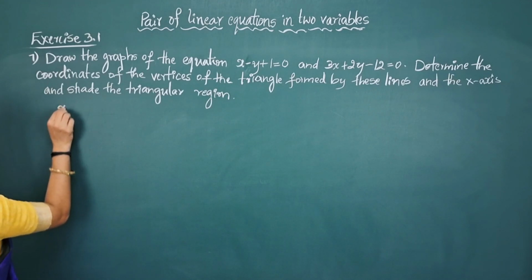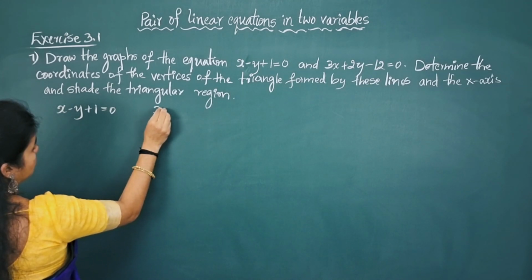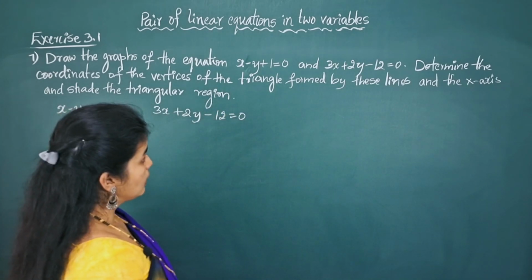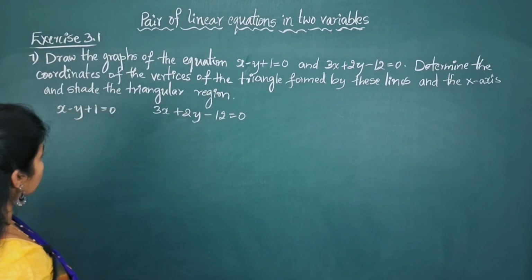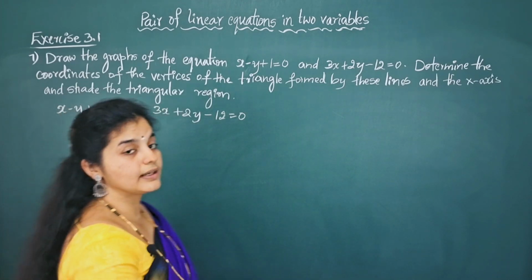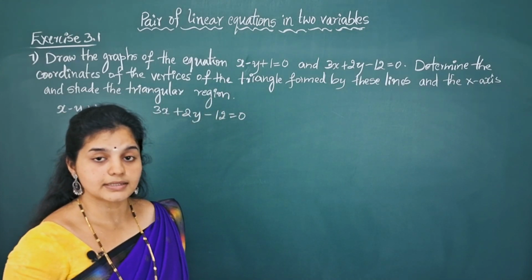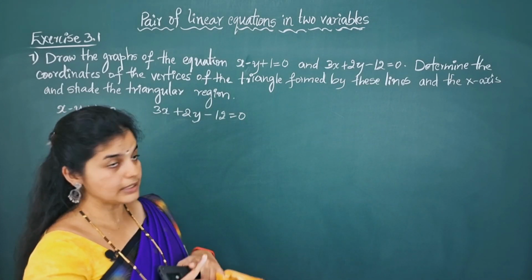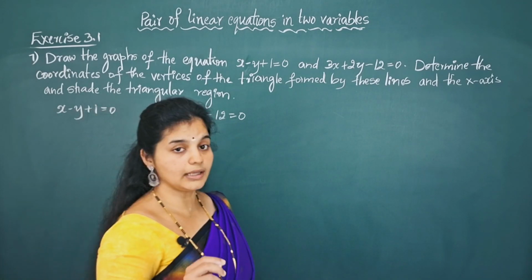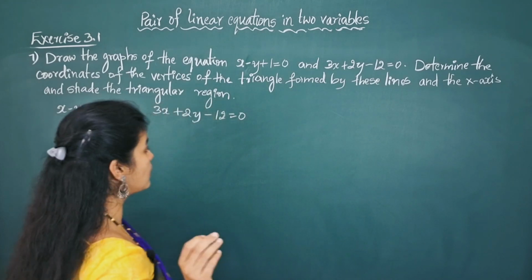We have x minus y plus 1 is equal to 0, and 3x plus 2y minus 12 is equal to 0. They have given two linear equations. They have asked us to determine the coordinates of the vertices of the triangle formed by these lines and the x-axis. When we plot the graph for these two linear equations, we obtain a triangle. They have asked which are the vertices of that triangle. One is the point of intersection, where these two lines intersect at a point. Which is that point, and also which are the vertices formed on the x-axis. After that, we have to shade the triangular region, the region inside that triangle.